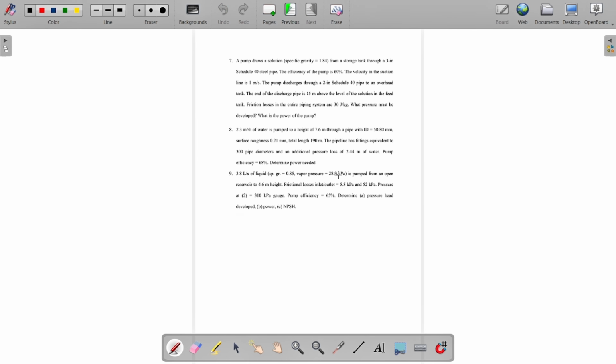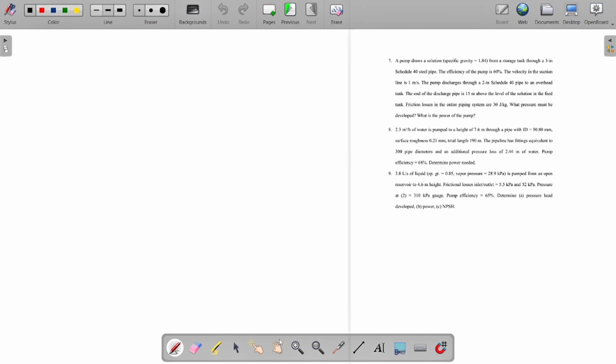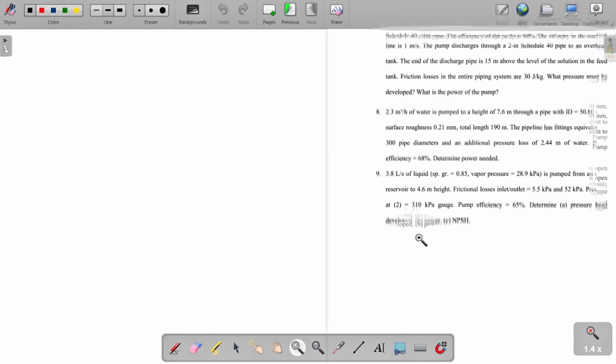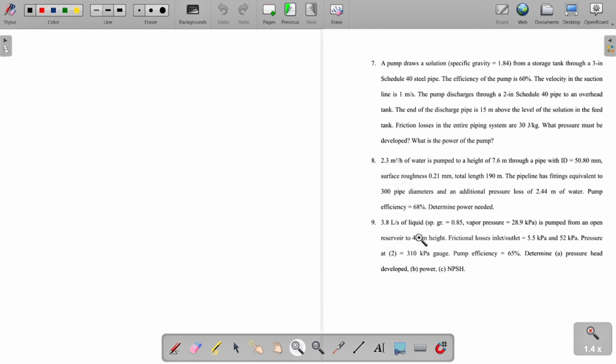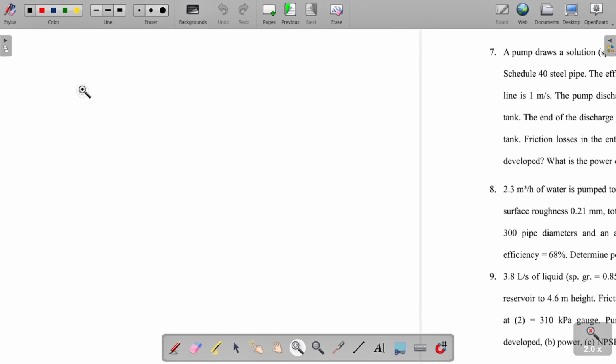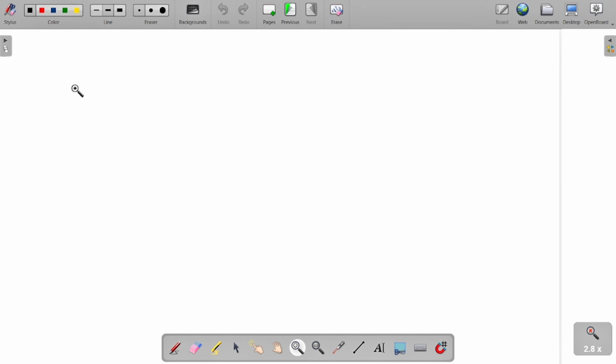So over here we can see that we have a pump. We are covering something on pumps too, because if we want to move a fluid from one point to another, we can use a pump to move the fluid to the other point, right? So let's say I have a pump.